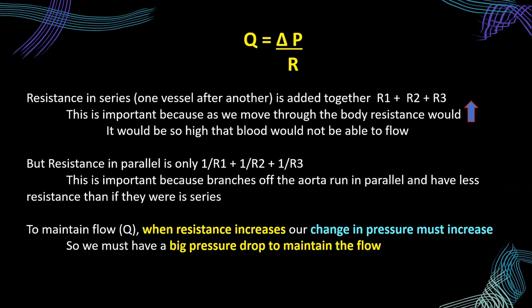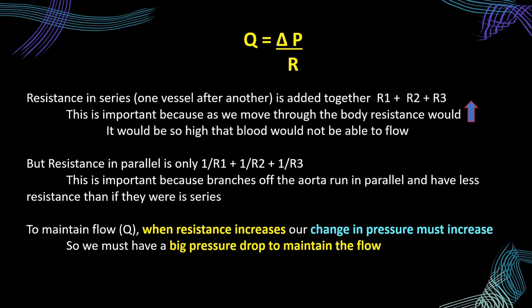And eventually it would get so high that the blood would not be able to flow. But resistance in parallel is only 1 over R1, plus 1 over R2, plus 1 over R3. This is important because the branches off the aorta run in parallel, and they have a lot less resistance that way than if they were in series.